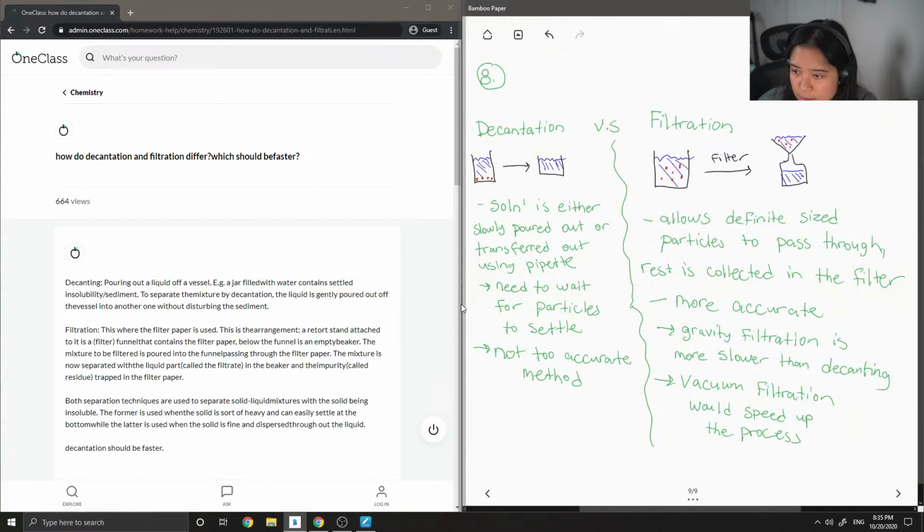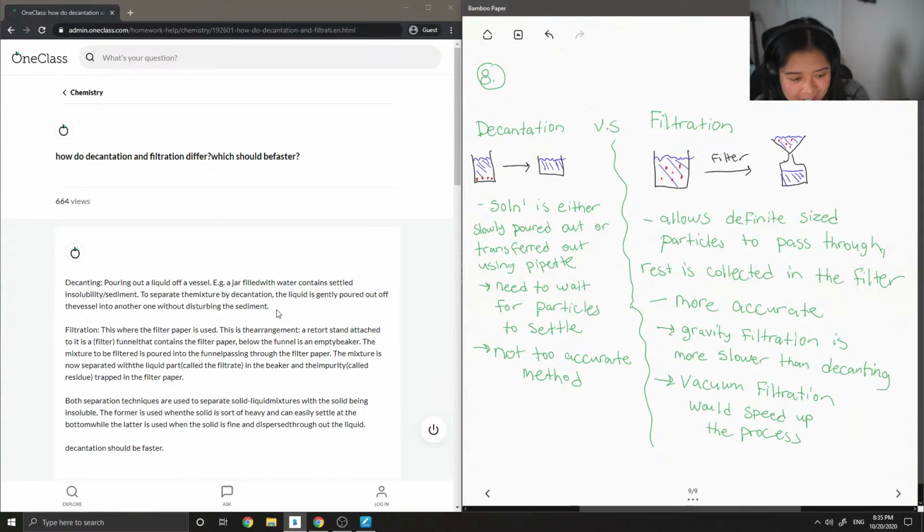So all in all, decantation would be faster compared to gravity filtration. However, the method isn't as accurate. But if you were to apply a vacuum to your filter, this would definitely speed up the process.